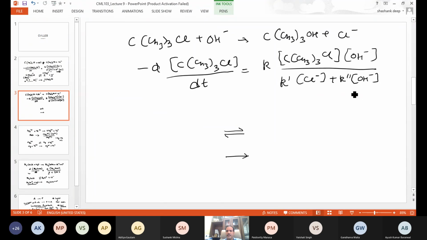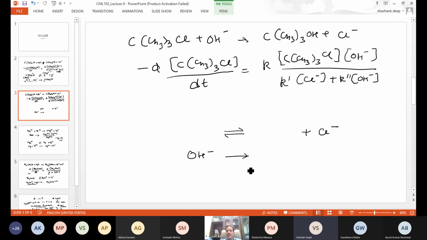Tell me, what is the product and what is the reactant? Cl minus is product, so this should have been formed in the earlier step. OH minus, where will it go? Reactant, because this is a reactant. So OH minus.